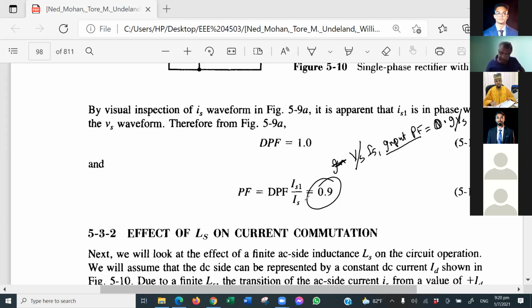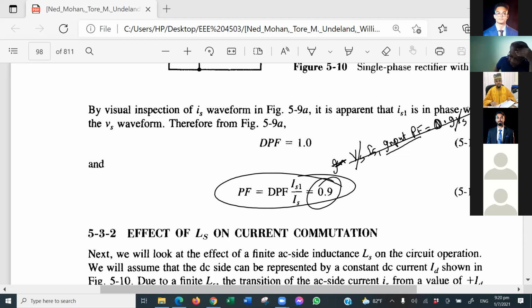Is it coming to 0.9? Sir, no, on the left-hand side we have IS1, and on the right-hand side we have IS, so they do not get cancelled out. No. The input power factor might be one only. No, the input power factor is the 0.9 here, that's for sure. But let me think how I can derive it.